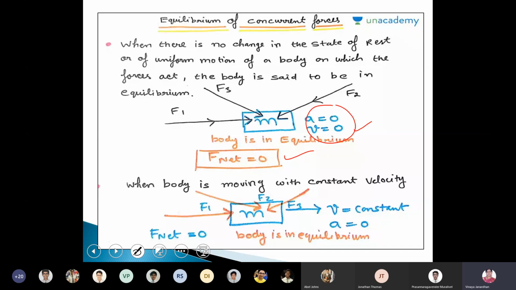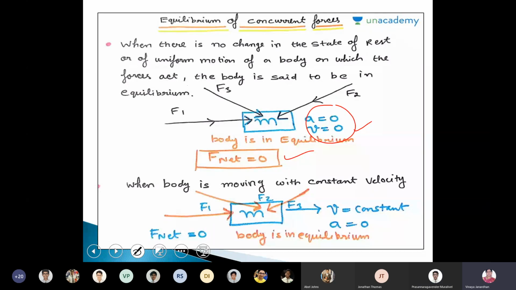Only when the net force is 0, the body continues like that. That is what Newton's first law of motion says. What does Newton's first law of motion state? A body continues to be in a state of rest or continues to move in uniform motion along a straight line path unless and until an unbalanced external force acts on it.